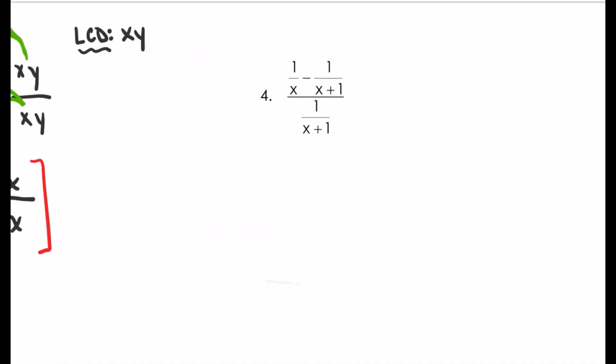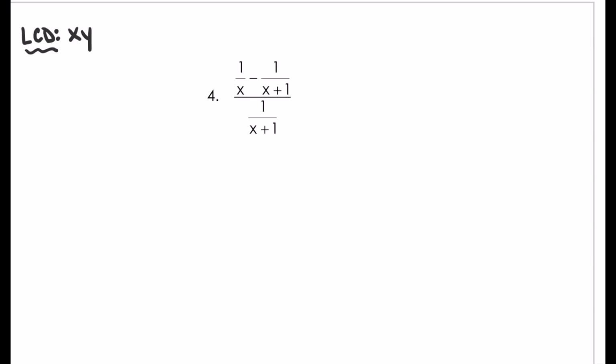All right, last one, number 4. So notice on number 4, you're going to have a problem if the x value is equal to -1. So we want to make sure that we note that if needed. The least common denominator here, so I need an x and an x plus 1.